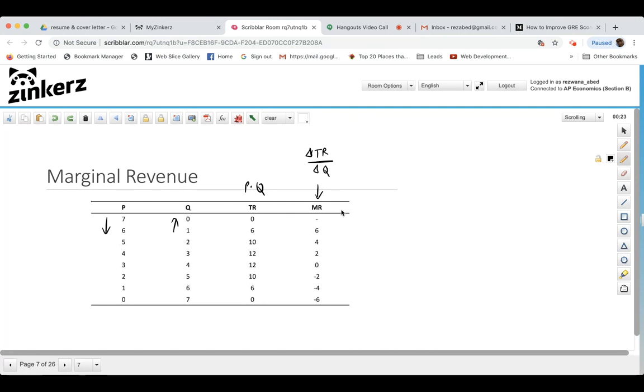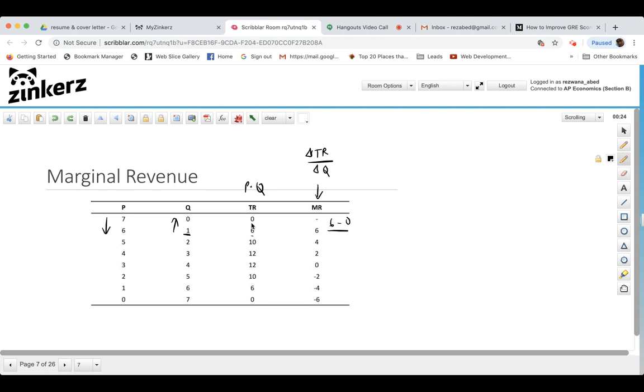And so what we see here is that we can calculate this marginal revenue at every single output level. So for the first unit that you're gonna sell, the marginal revenue is this. It's 6 minus 0. So the total revenue from the first unit is 6.